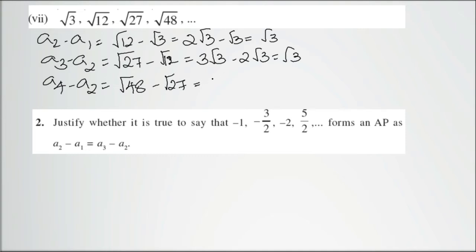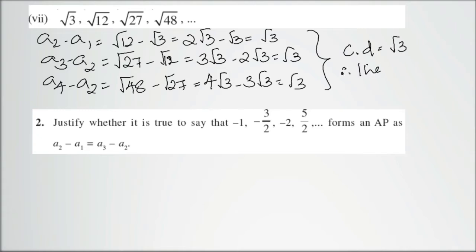Root 48 is root of 16 times 3, so 4 root 3 minus 3 root 3, difference is root 3. Each time we are getting common difference as root 3, therefore the given series forms an arithmetic progression.